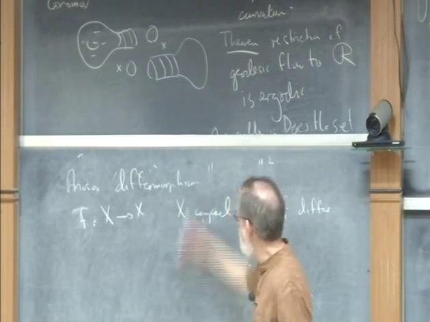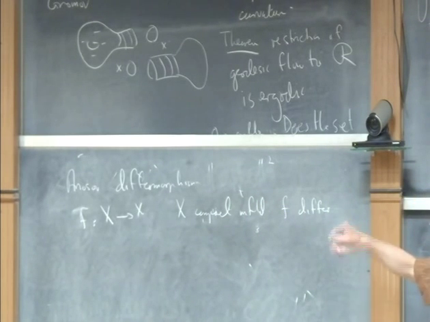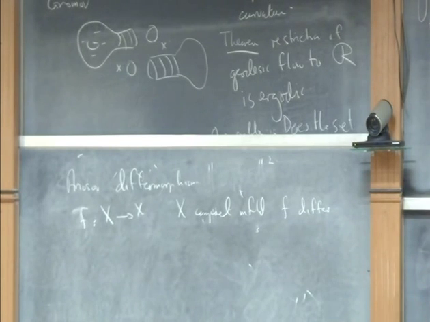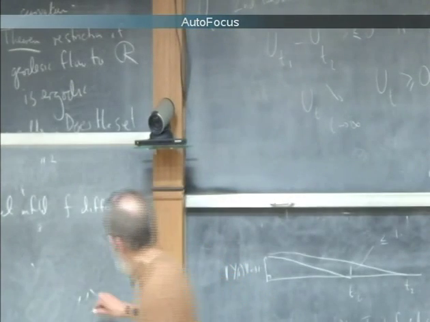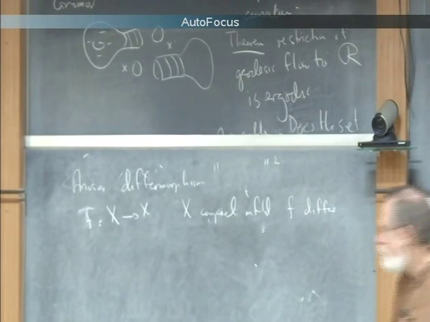So I'm going to give the definition for diffeomorphisms first, and then it'll be easy to see how to adjust the definitions to talk about flow as well. And that will capture the essential behaviour of the geodesic flow in negative curvature, which is really why these definitions were made up in the first place.